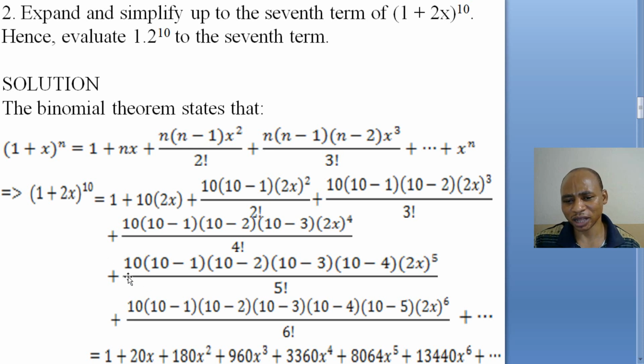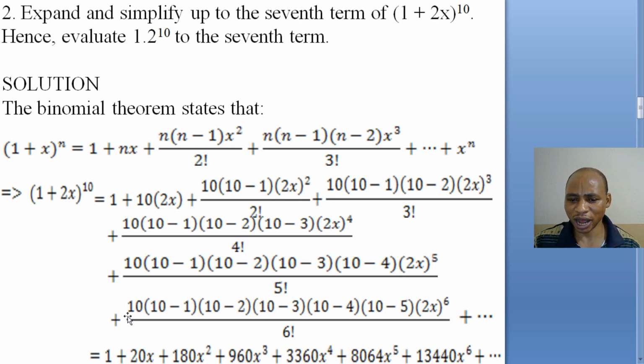And all plus 10 times 10 minus 1 times 10 minus 2 times 10 minus 3 times 10 minus 4 times 2x raised to the power 5 all over 5 factorial.